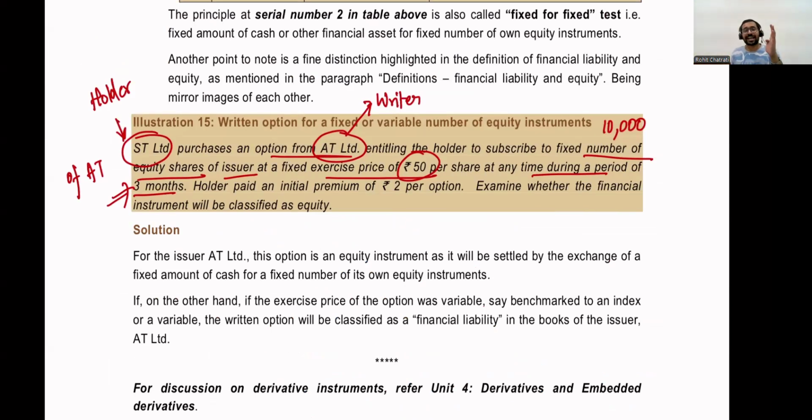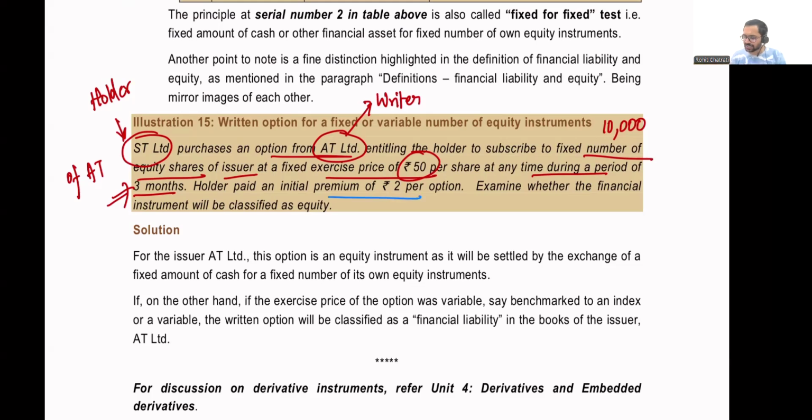Remember, the holder has a right to buy, and the writer has an obligation to sell. The writer has an obligation to deliver, but not Reliance or Infosys shares. It has an obligation to sell its own shares, the shares of AT Limited, at any time during the next 3 months. The holder has paid an initial premium of rupees 2 per option.